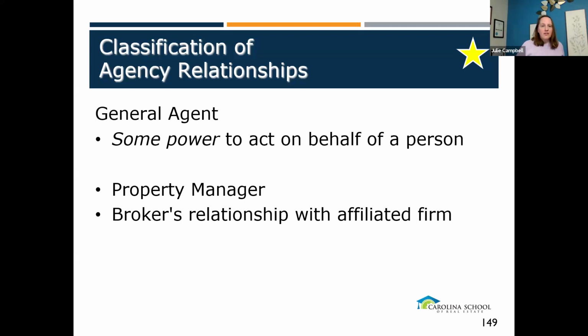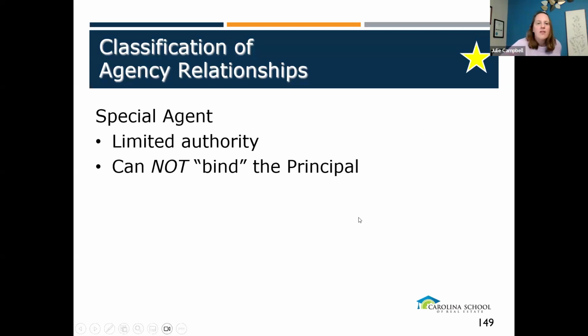So if the universal agent has full power, the general agent has some power, the special agent has no power whatsoever. The special agent is the sales agent. The special agent is the one working with buyers and sellers, may that be residential or commercial.